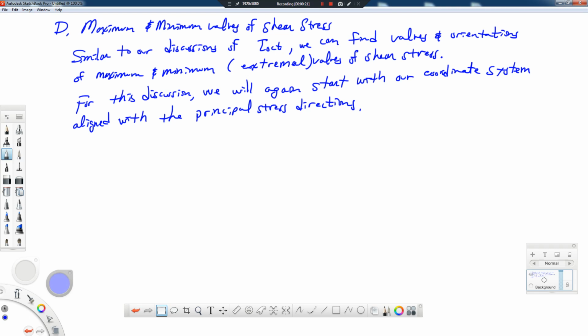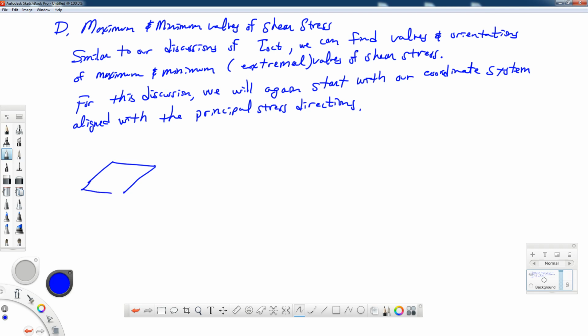Now for this discussion, we're going to do what we did when we talked about the octahedral shear stress. We're going to again start with our coordinate system aligned with the principal stress directions. We would assume that we've already done the eigenvalue problem to find the directions of our principal stresses.